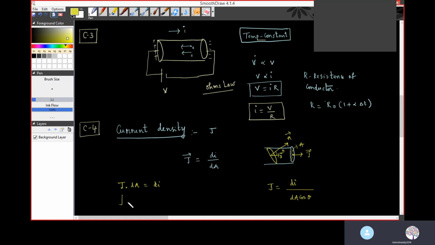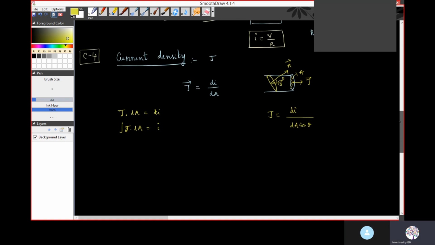Now you can put integral J dot dA is equal to I. Integral of dI will become I. Integral of J dA cos theta is equal to I. This is another important concept.